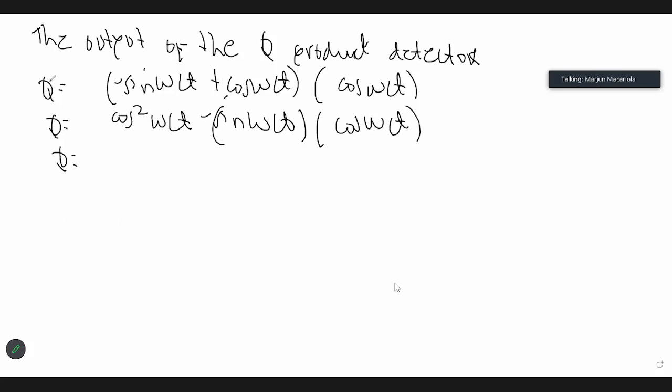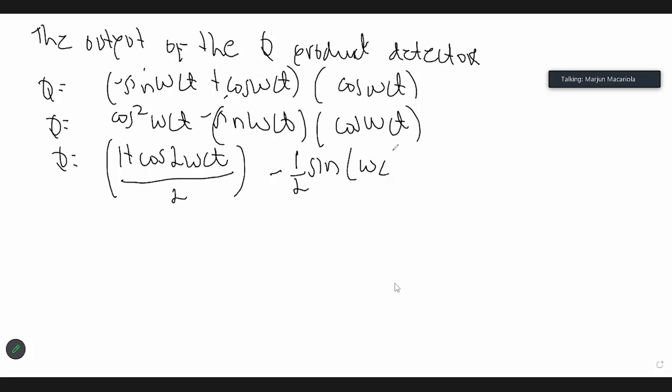So, based on our trigonometric identity earlier, cosine squared is equal to 1 plus cosine 2 omega ct over 2, minus, so again, the product of sine and cosine, so that is minus 1/2 sine omega c plus omega c t minus 1/2 sine omega c minus omega c t.